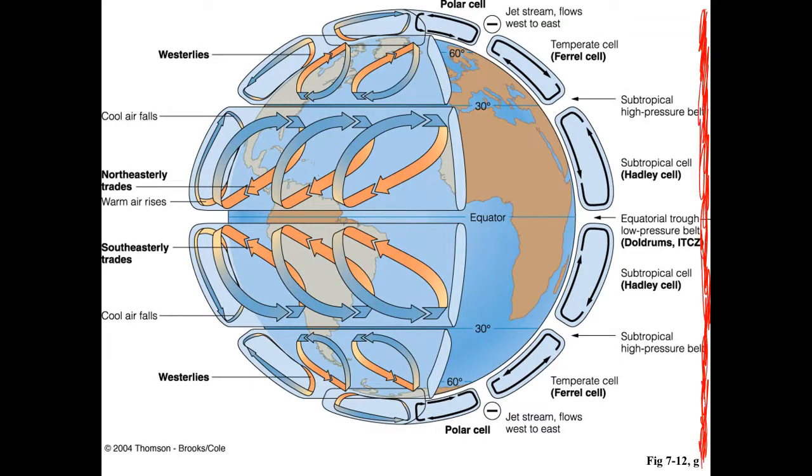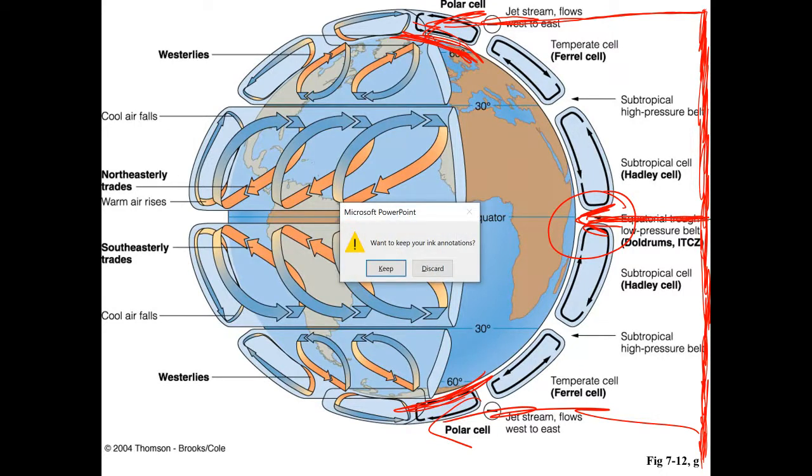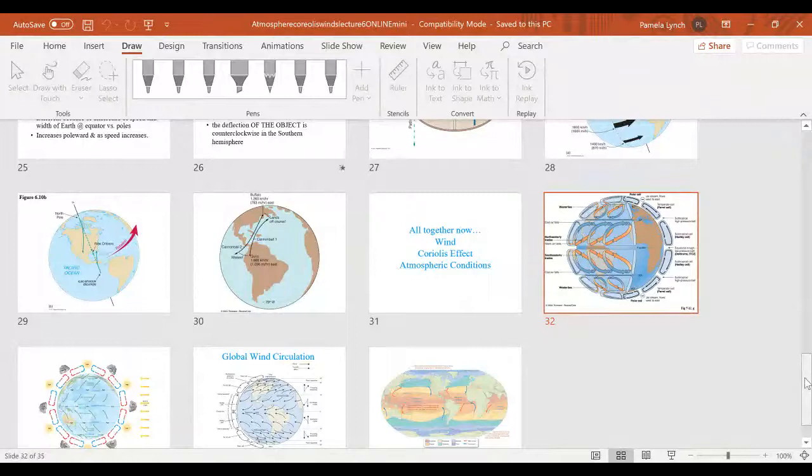If the sun isn't moving and the sun's rays have the same warmth to reach the planet, the distance that warmth would travel here is less than it would travel here, right? Or here. So the Earth is unevenly warmed, okay? It's warmed directly at the equator and indirectly at the poles.